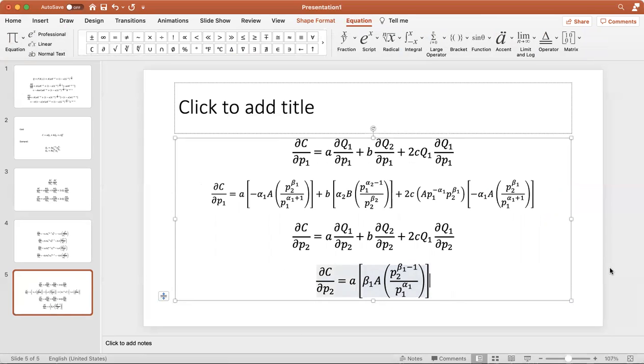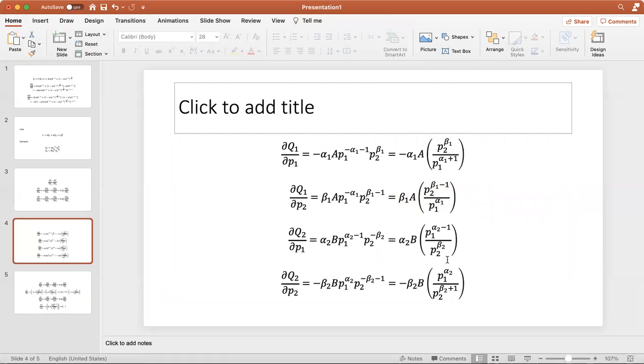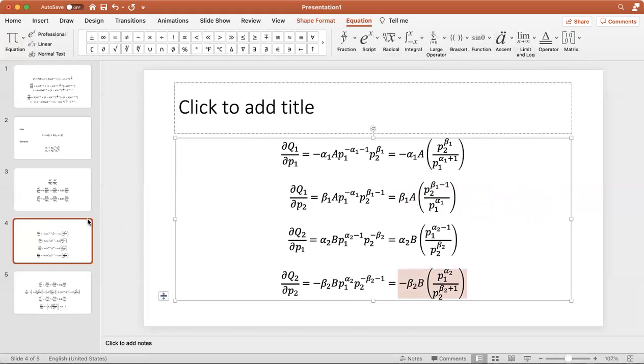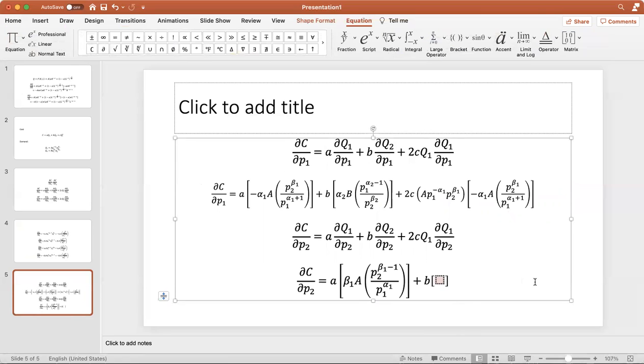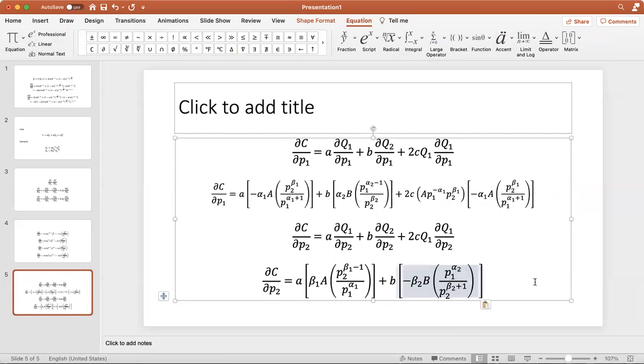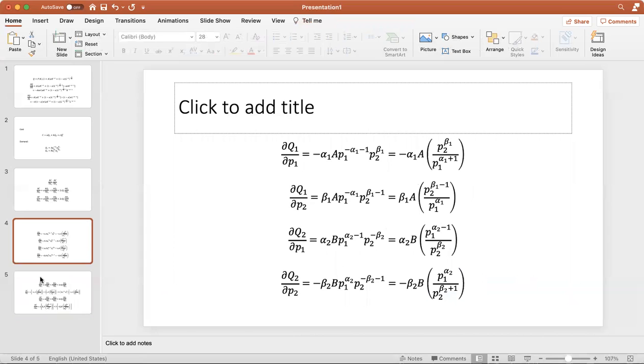Plus Q2 over P2. So you have B, partial Q2 over P2, which is this one. Okay.